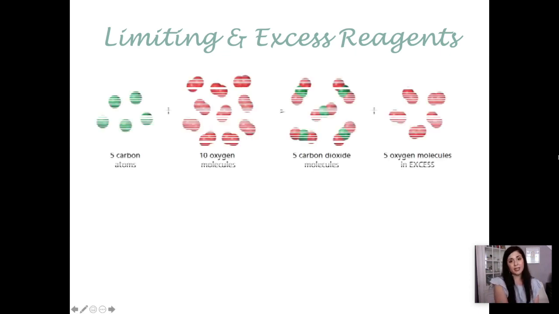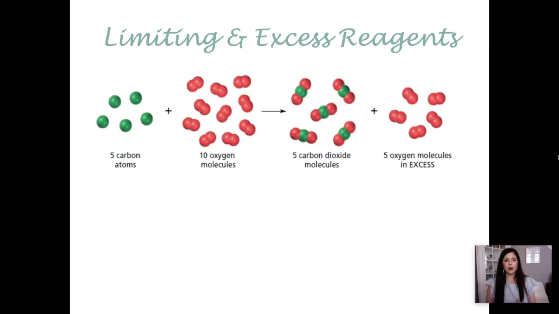So let's take a look at this image right here. Looks like we're reacting carbon with oxygen gas in order to produce carbon dioxide. So C plus O2 yields CO2. If we look at the amount of carbon atoms that are present and the amount of oxygen molecules that are present, in order to make carbon dioxide, one carbon atom combines with one oxygen molecule, which has two oxygen atoms in it.